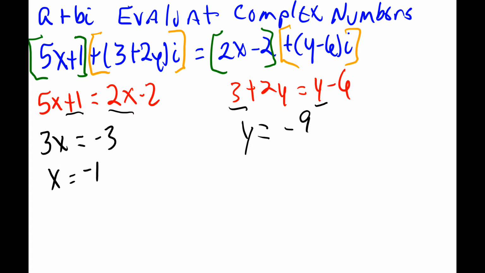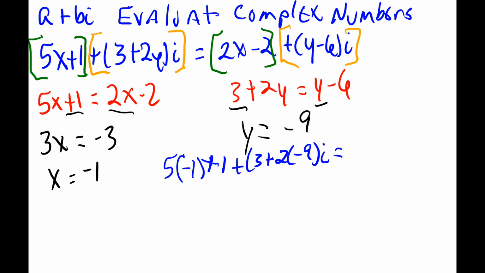So I've got 5 times negative 1 plus 1, plus 3 plus 2 times negative 9, and all that's being multiplied by i, and that's equal to 2 times negative 1 minus 2, plus negative 9 minus 6, times i. Barely squeezed it in.